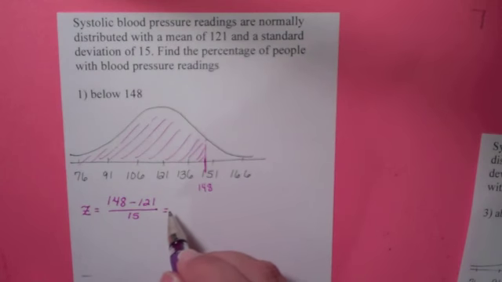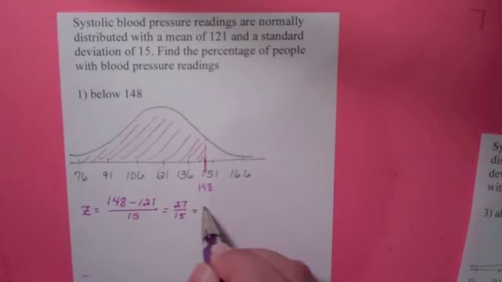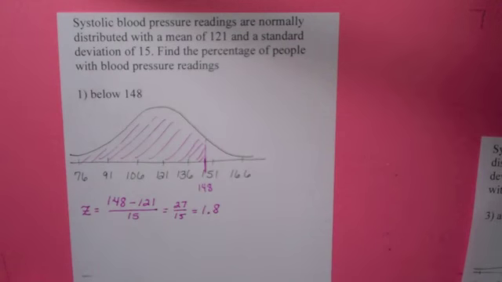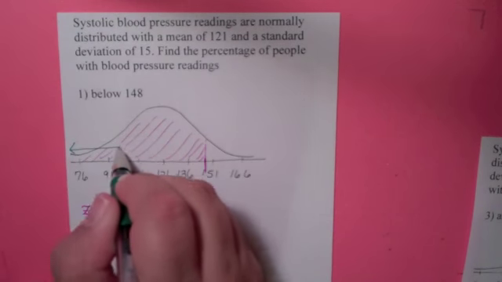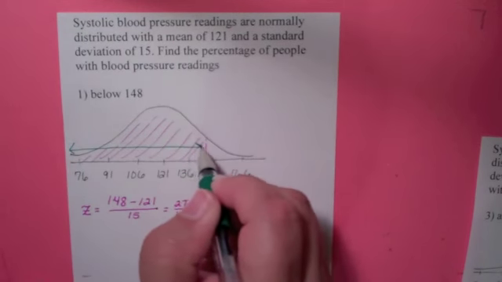148 minus 121 is 27. Divided by 15 is 1.8. Now I have a z-score that I can look up in my table. Okay, so I'm going to go to my table in my book and I'm going to look up 1.8. And remember that the table gives you the area to the left of your data point.